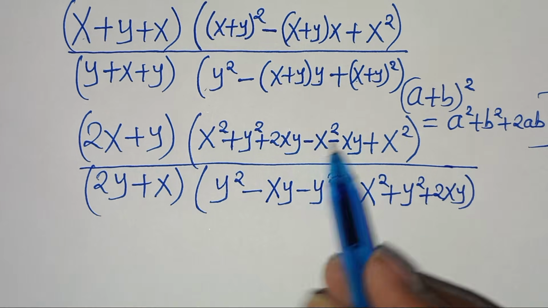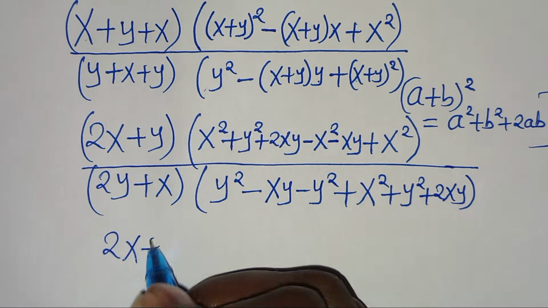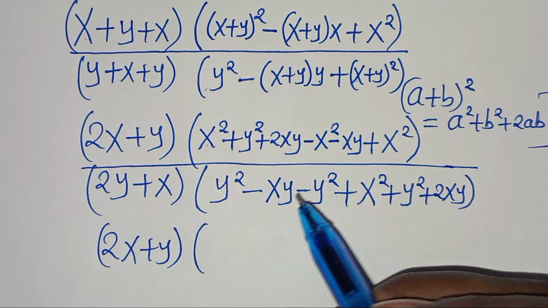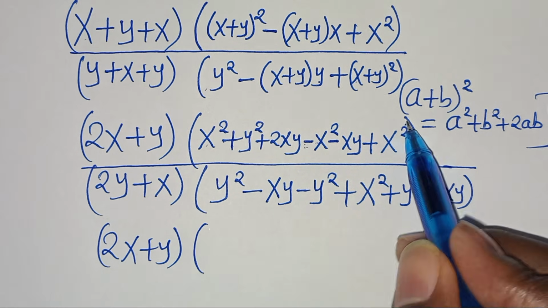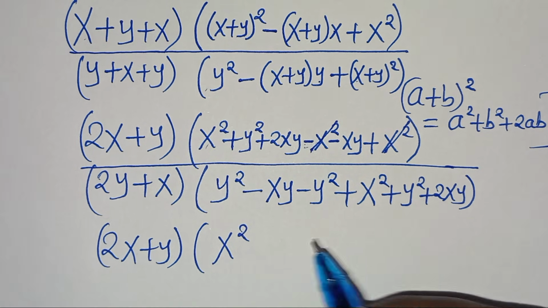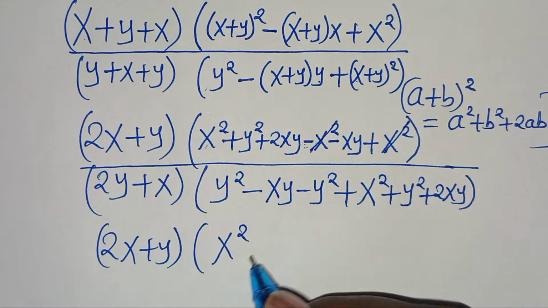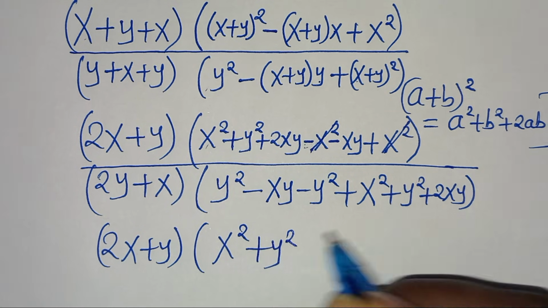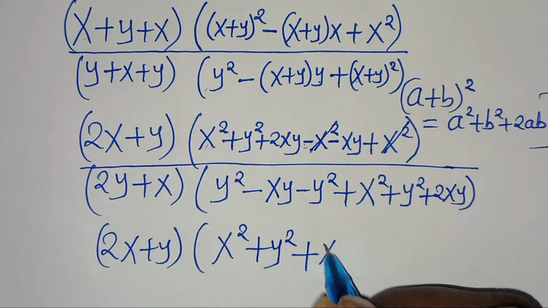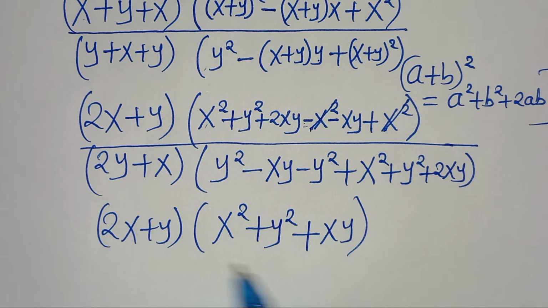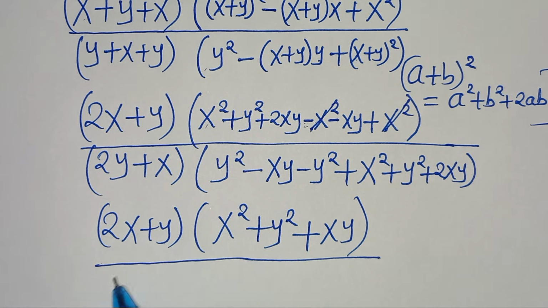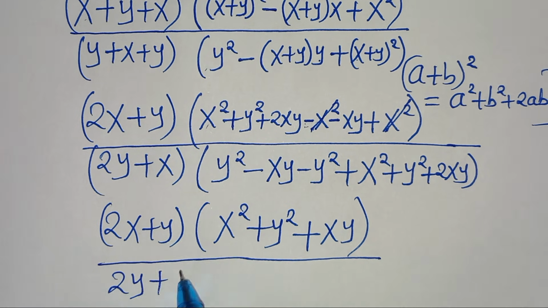So in the numerator again we have (2x plus y). Now we have minus x squared plus x squared, which simplifies, so we have x squared plus y squared, and 2xy minus xy becomes plus xy. This is what is in the numerator, divided by, in the denominator, (2y plus x).